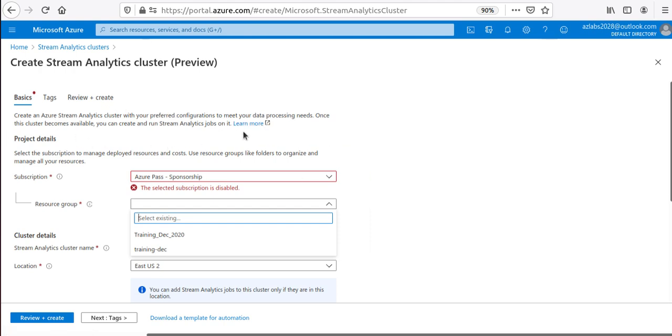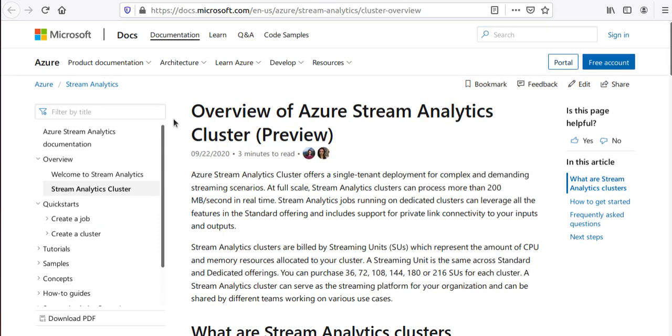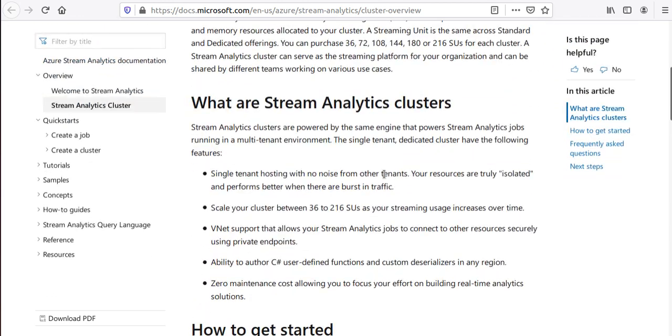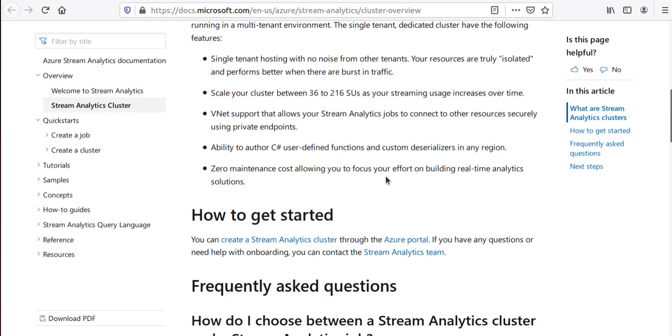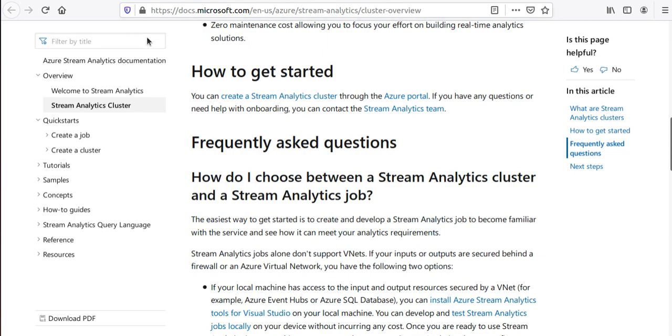And if you need to learn more about it, you can just click on this particular link. It will take you to the overview of your Stream Analytics cluster, which is right now in preview mode, but it will tell you what it can do for you.